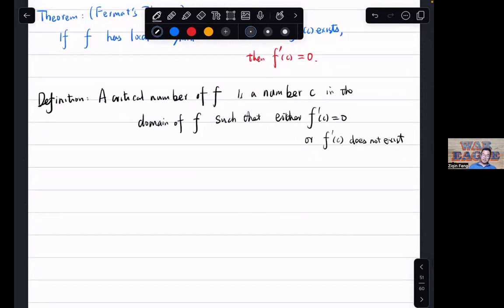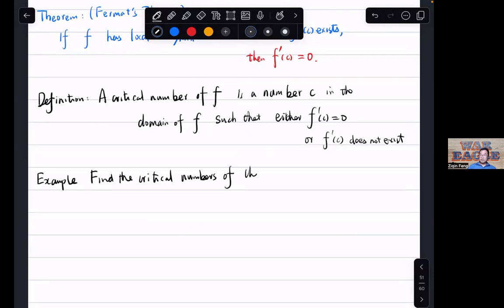Let's see a quick example here. We want to find the critical numbers. Remember, critical numbers are the numbers at which the function might reach an absolute or local maximum or minimum.